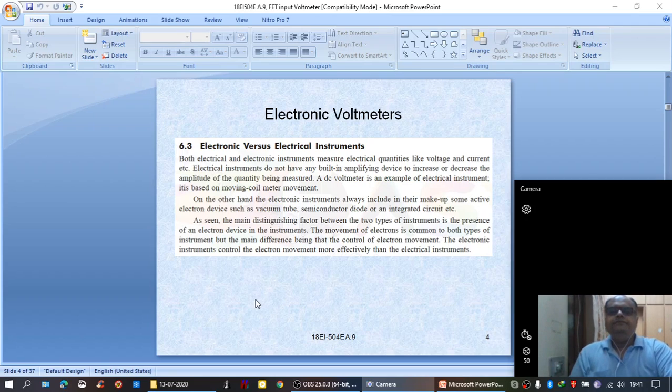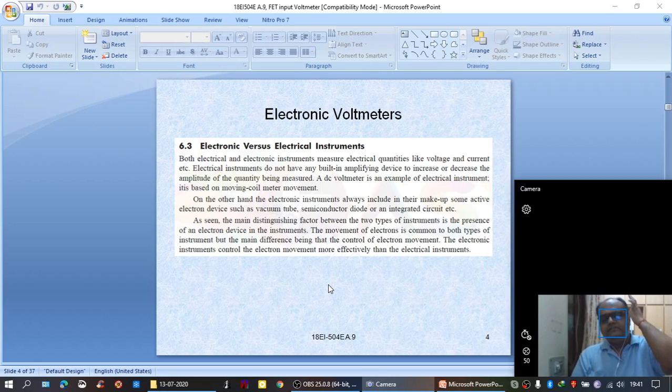Both electrical and electronic instruments measure electrical quantities like voltage and current, etc. Electrical instruments do not have any built-in amplifying device to increase or decrease the amplitude of the quantity being measured.